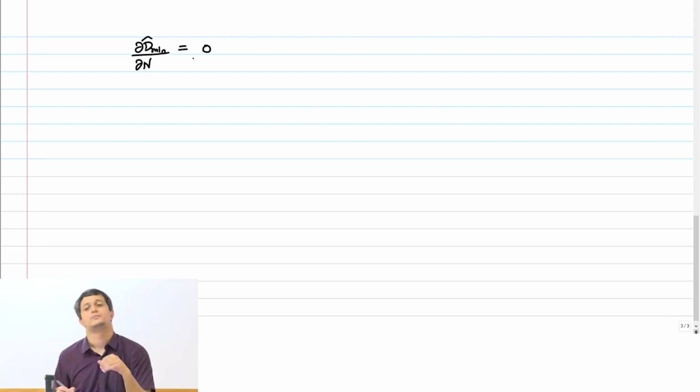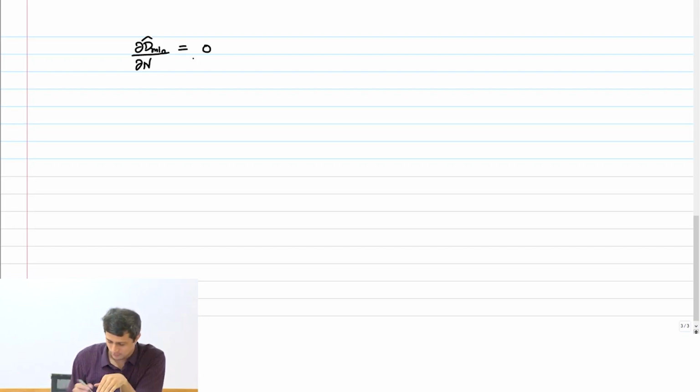So now I want to find the optimal number of inverters that I can add in the path which will make my delay an absolute minimum, right? So what do I do? Partial derivative of d min hat with respect to n equal to 0. Correct? So can you please differentiate this and set it to 0 and tell me what you get?